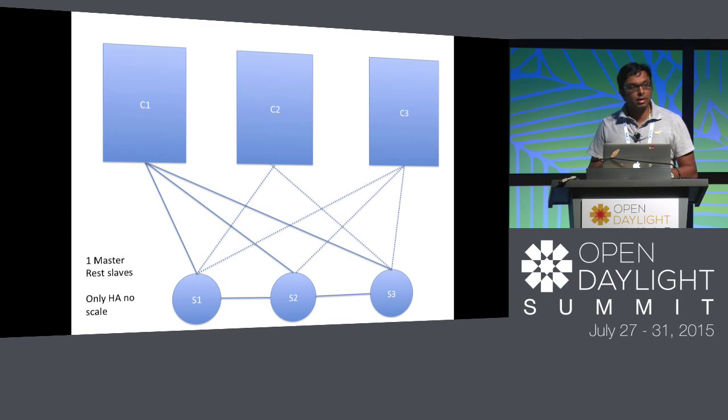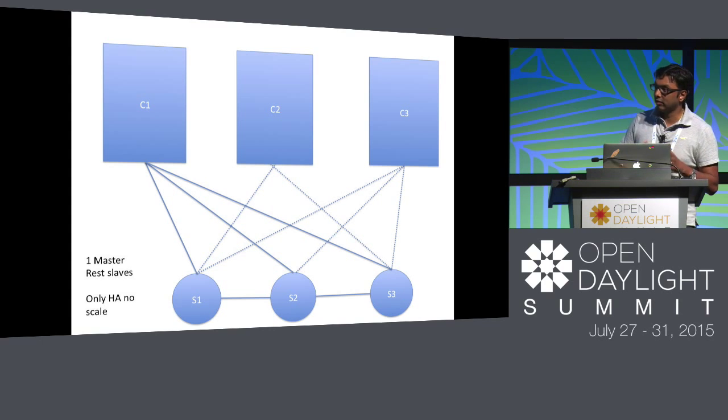This can be done by following the leadership of a shard of a data store, inventory config or inventory operational, and making that node the master wherever that data store shard is the leader. Again, this is just HA and no scale as such.